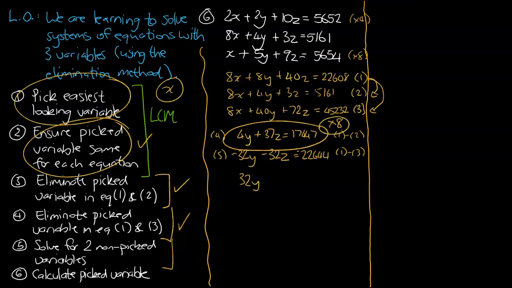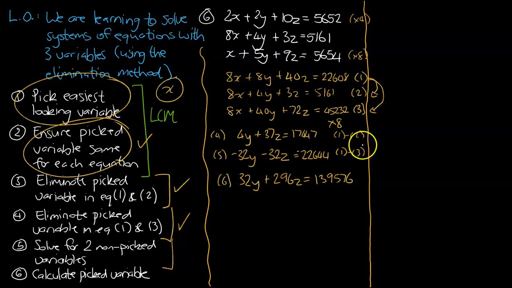We've now got 37z times 8, which is going to be plus 296z. So getting pretty messy. And then finally, we've got 17,000 and blah, blah, blah, times the 8. And that there's 139,576. And that there is a new equation, so we're going to call that equation 6.